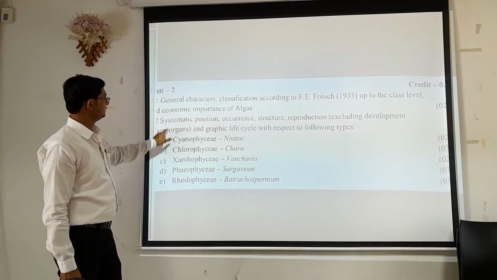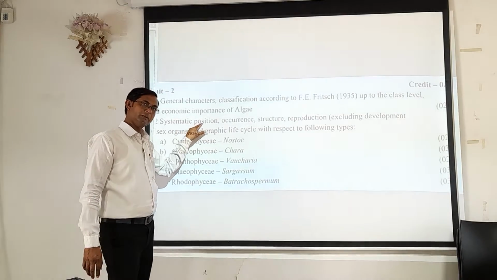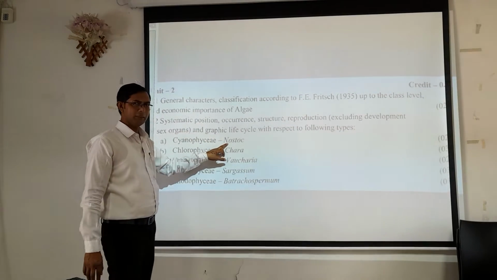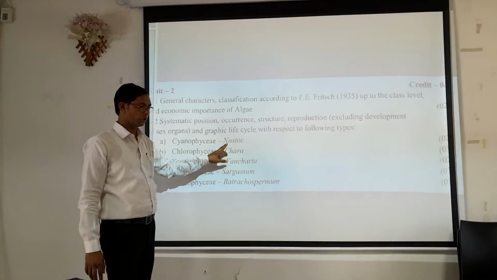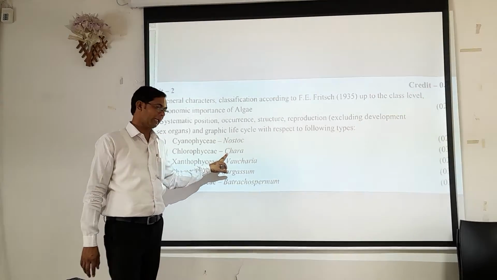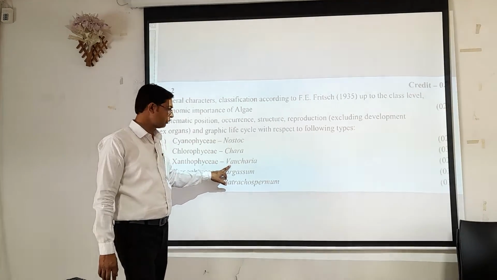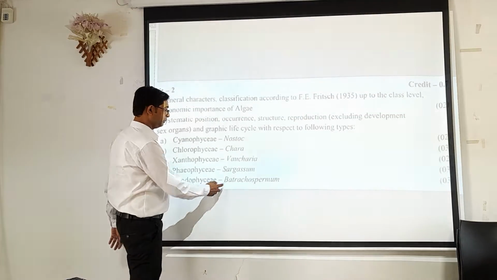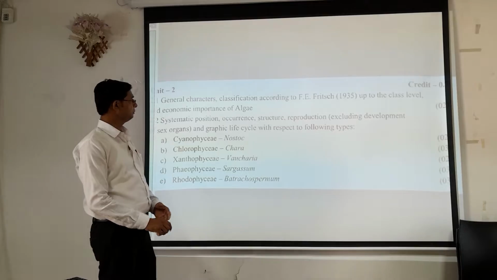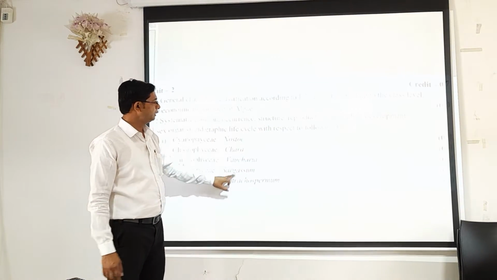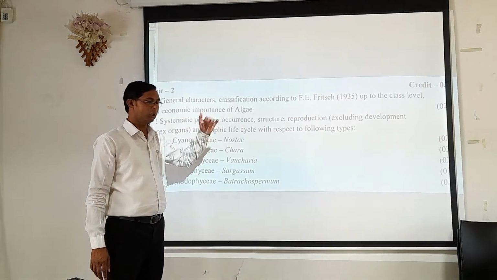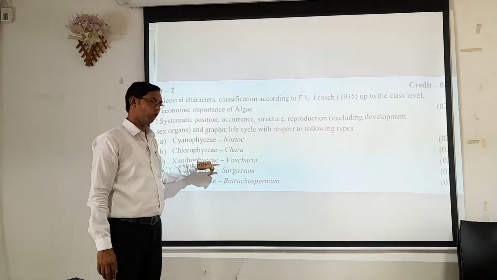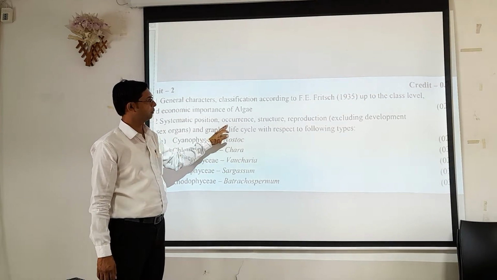What we have seen is that we have discussed the systematic position, for example the systematic position of Nostoc, Chara, Vaucheria, Sargassum, and Batrachospermum. The same thing we have done for the occurrence of all these examples.